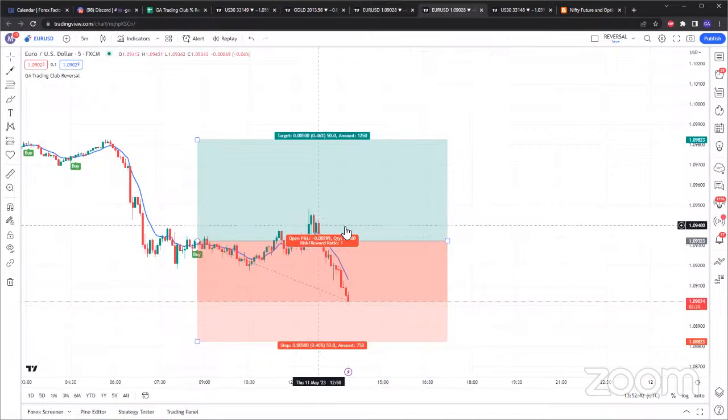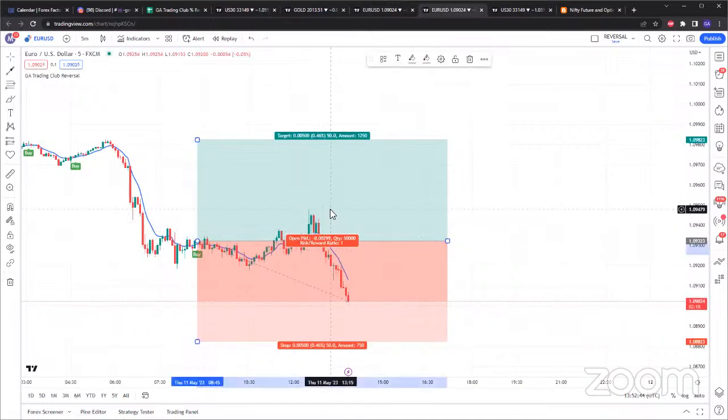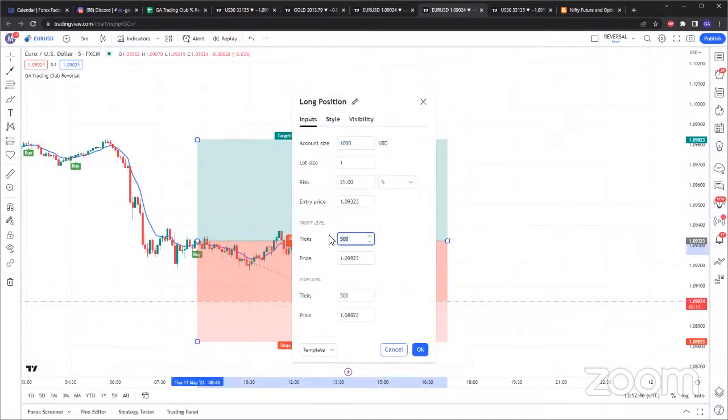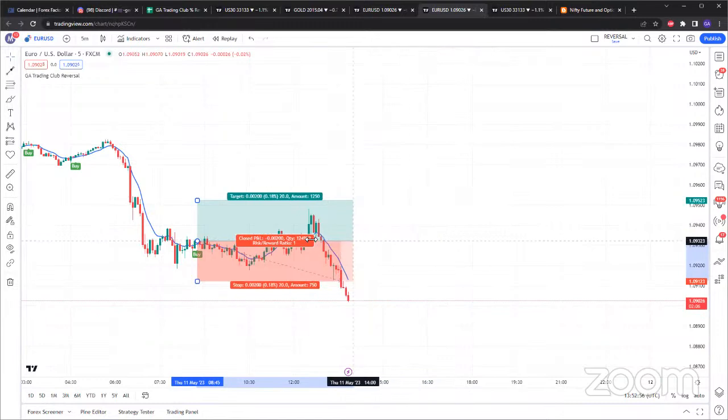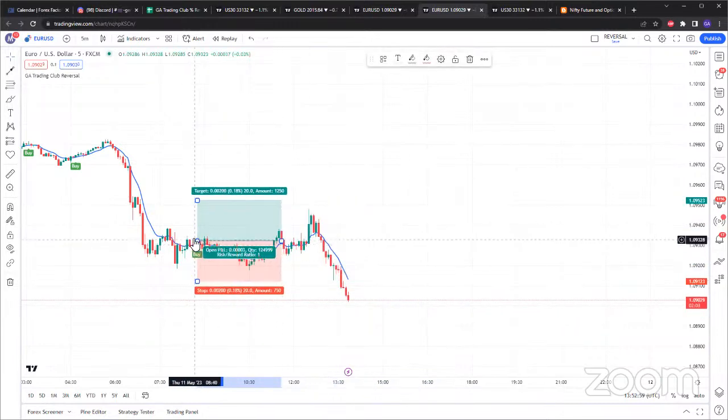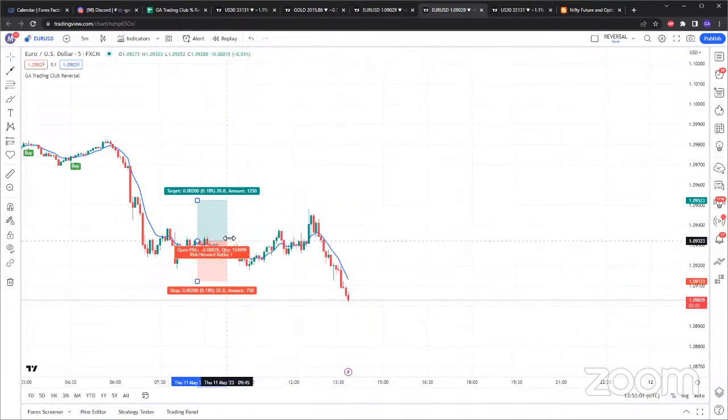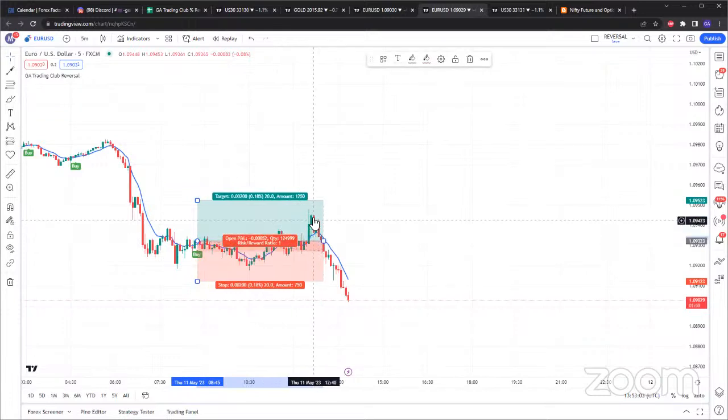So this trade, I got out at, and personally for this trade, I entered way before, even before news actually. So I went for a 20 pip TP and 20 pip stop loss. I entered this trade here, way before news. And then when news spiked up, I almost hit TP.